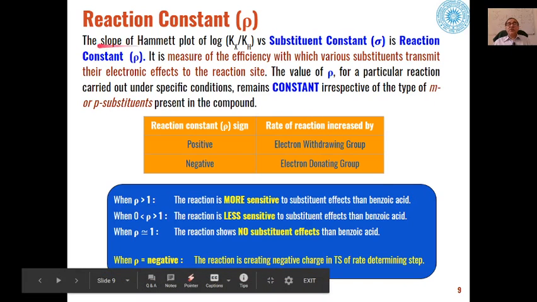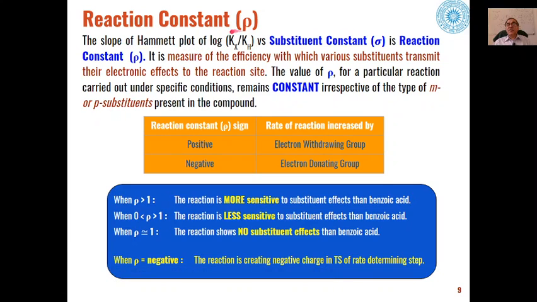As I have told you, the slope of the Hammett plot, that is log kx upon kh versus substituent constant, gives us the value of reaction constant, and it is a measure of the efficiency with which the various substituents transmit their electronic effect to the reaction site. So this has a specific value for a given reaction.